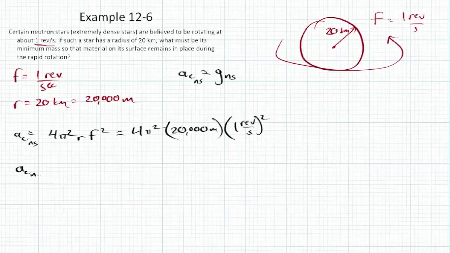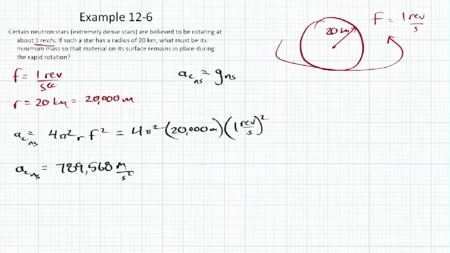Centripetal acceleration of the neutron star is going to be what? It's going to be 789,000. This is a ridiculous number. 789,568 meters per second squared.